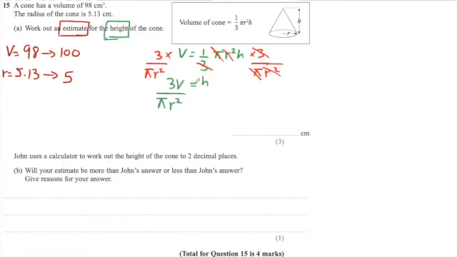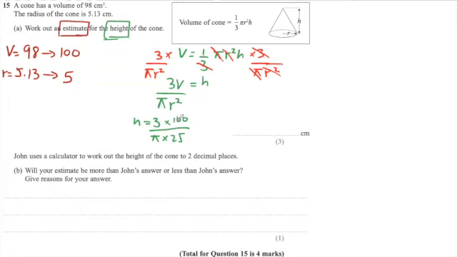To work out the height, let's plug in the value of volume, which is 100, and the radius, which is 5. So h equals 3 times 100 over pi times 5 squared, which is 25.